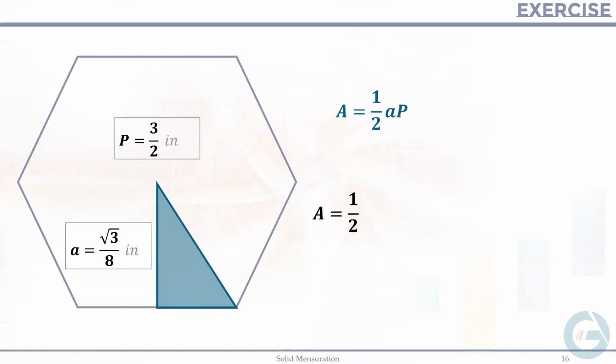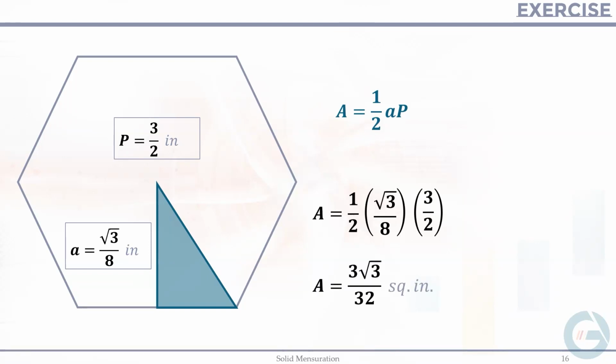So A equals 1/2 times square root of 3 over 8 times 3/2. The area of this hexagon is 3 square root of 3 over 32 square inches. Again, I will leave this in fractional form to minimize the error in the final answer.